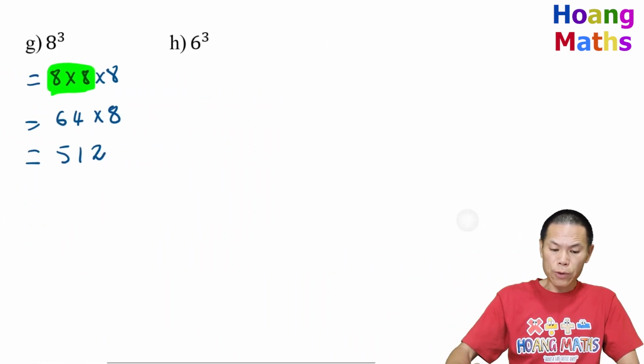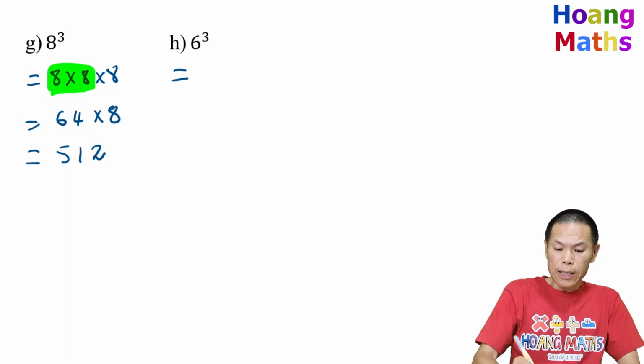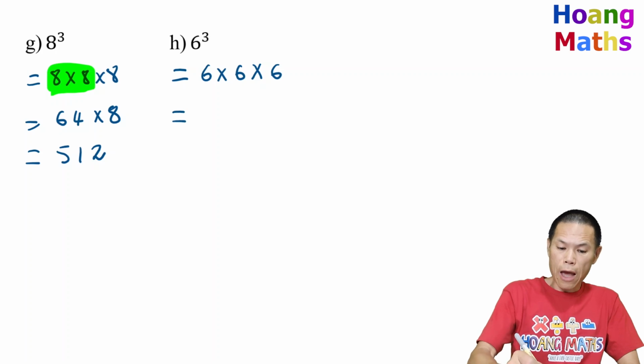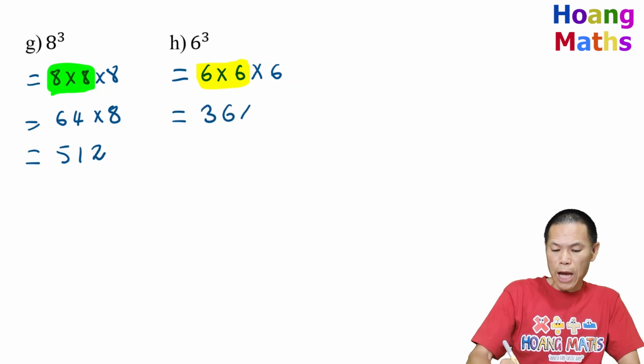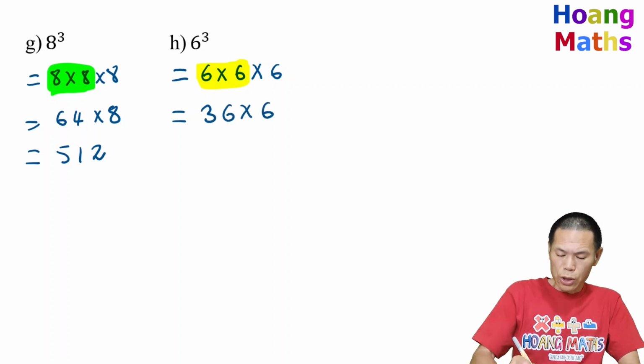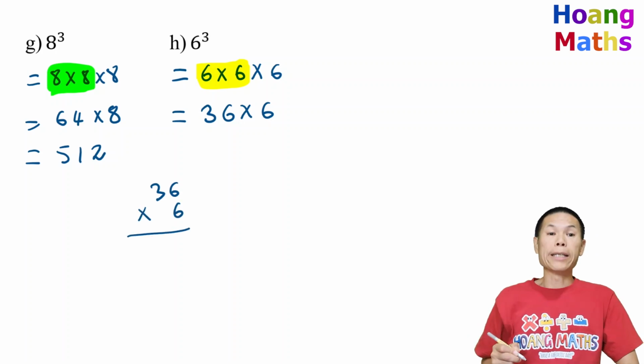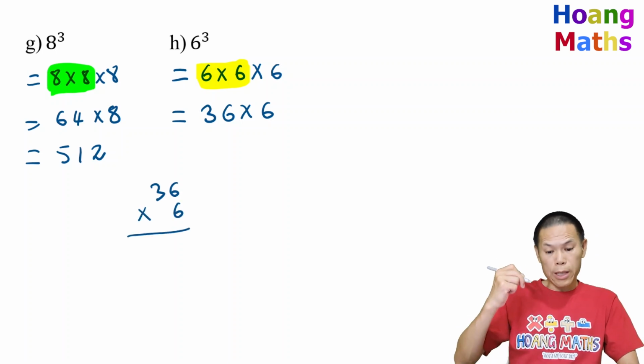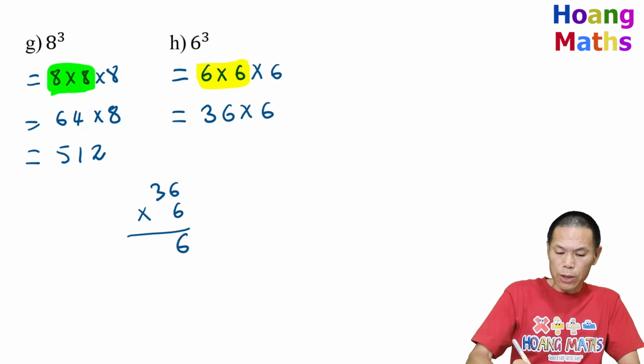Now part H. So the answer is 6 times 6 times 6. So we have 6 times 6 will give me 36. So that is 36, and we times 6. So we just go 36 times 6. 6 times 6 will give me 36, and we carry 3.